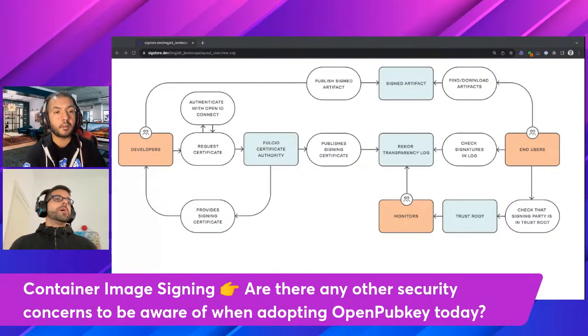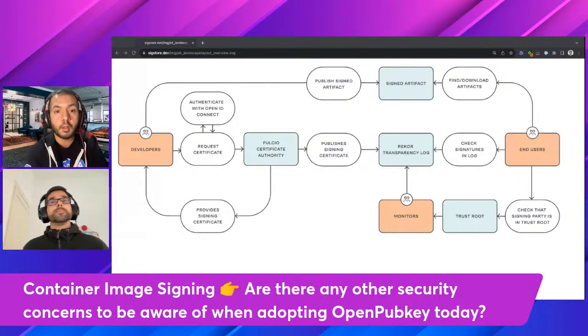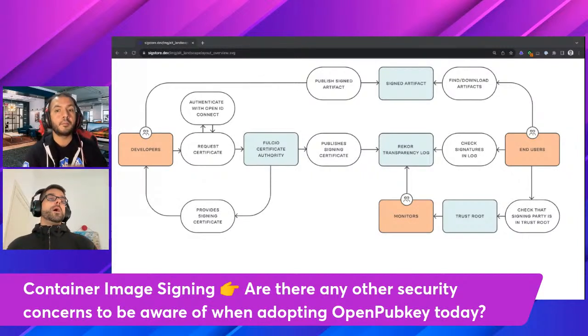OIDC providers are rotating their keys. These public keys of the OIDC providers are being used in the signing process for OpenPubkey, and they need to be stored in order to verify all signed artifacts, right?